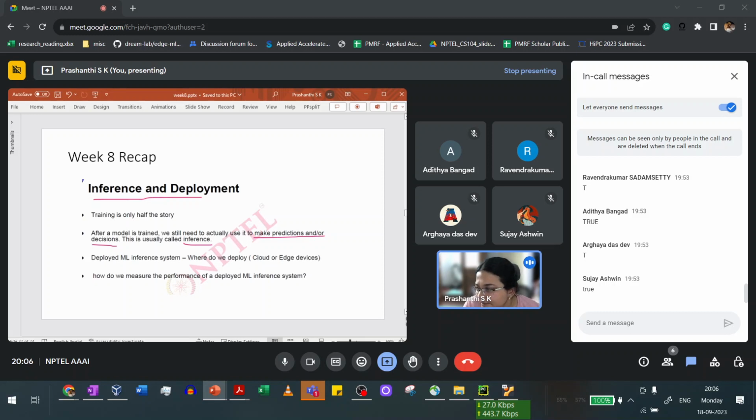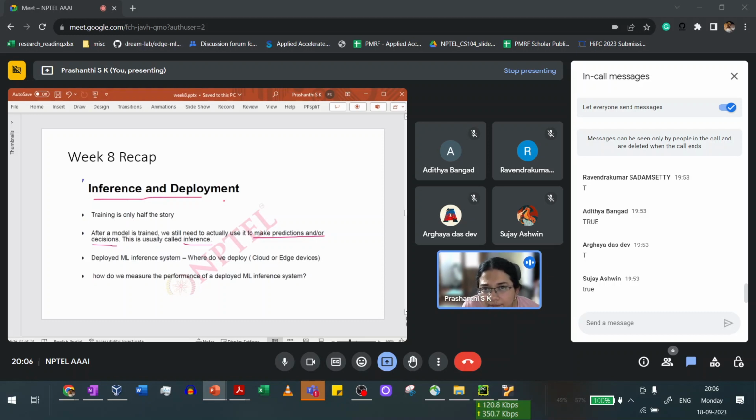For instance, a simple example that I'm sure all of you have seen is a cat or dog prediction. Your model tells you that I'm 90% sure this is a cat. Or you might use something like YOLO, which detects a certain object with a certain confidence, and will also give you a bounding box. So these are all examples of inference.